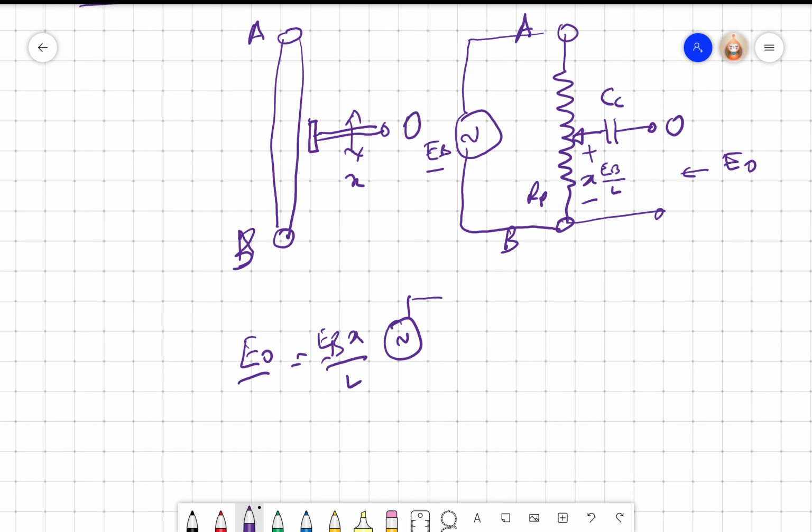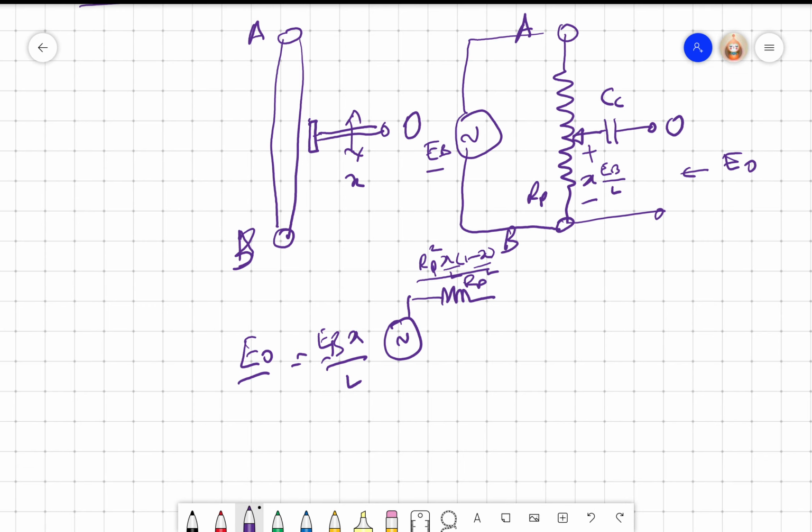So I have the resistance Rp into X by L, 1 minus X by L. This is A and B now shorted.